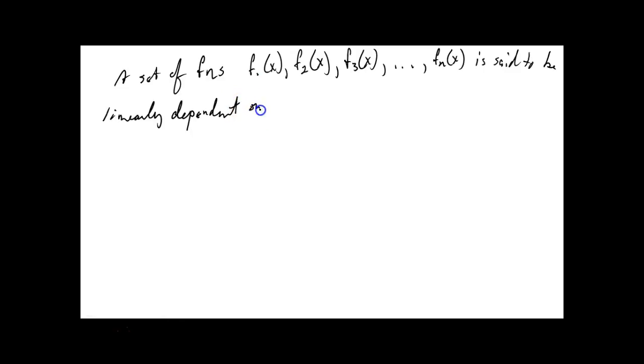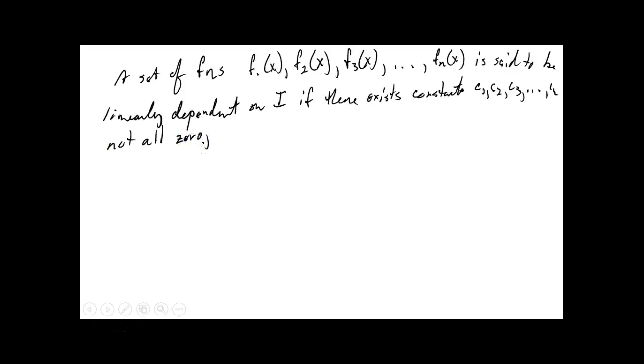On an interval I, okay, if there exist constants C1 to Cn, okay, not all zero. Some of them can be zero, but not all of them.